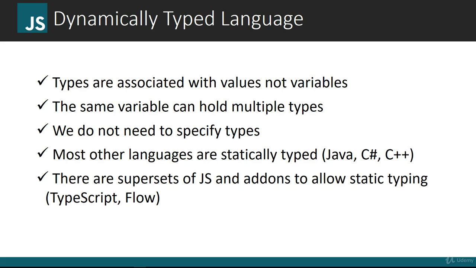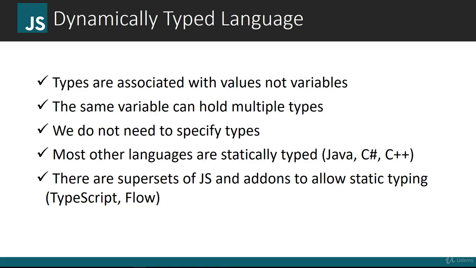So JavaScript is what's known as a dynamically typed language, and this means that the data types are associated with the actual values and not the variables themselves. So the same variable can hold multiple types, meaning it can hold a string and then it can be set to a number with no errors or issues, and it's absolutely fine. Whereas in most languages which are statically typed, like Java, C#, this isn't allowed.